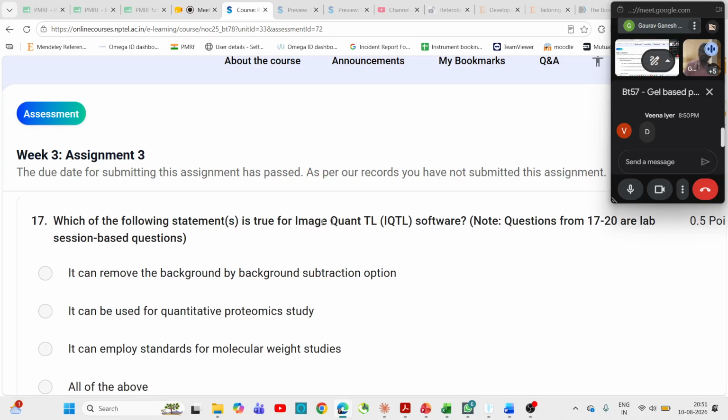Which of the following statements about the image quantification software is true?